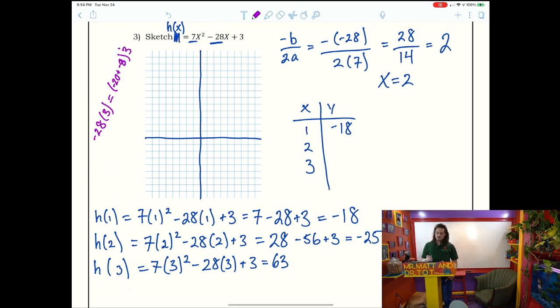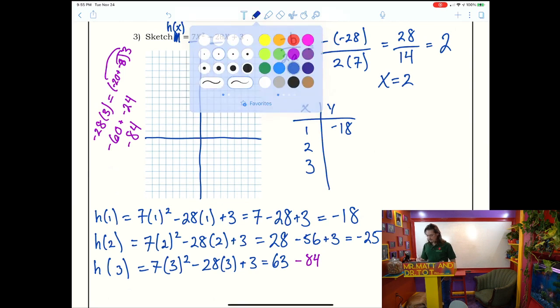So if I distribute that inside, negative 20 times 3 is negative 60. Negative 8 times 3 is negative 24. Negative 60 plus negative 24 is a negative 84. So negative 28 times 3 is a negative 84.